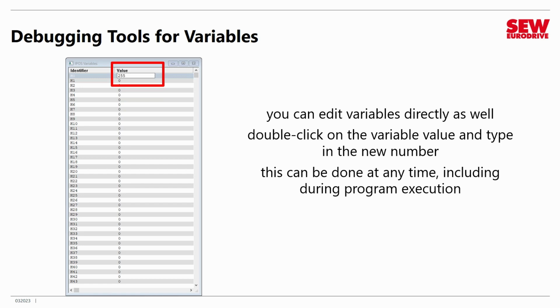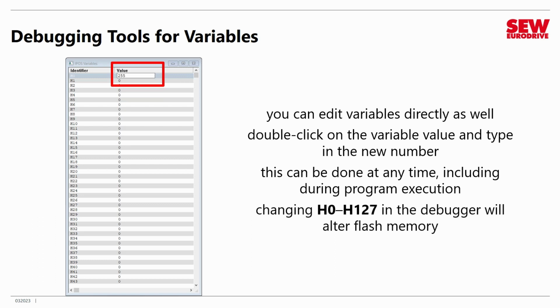So you can manipulate things as they're operating. So lots of good ways to play with variables. By the way, if you change H0 through H127, those non-volatile values, that actually will alter the flash memory. So those values will stick even when power is turned off.